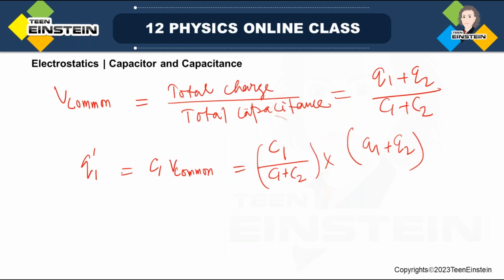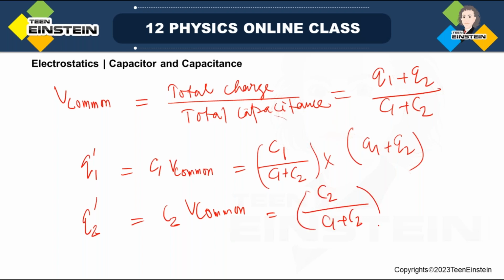So this will be the new charge on capacitor 1 or conductor 1, and the new charge on the other one will be Q2 prime equal to C2 V common, so C2 by C1 plus C2 into Q1 plus Q2.